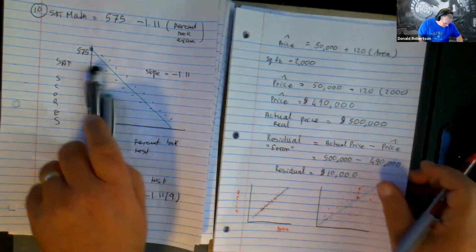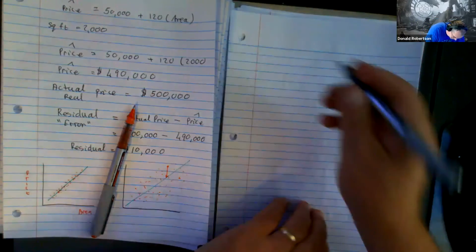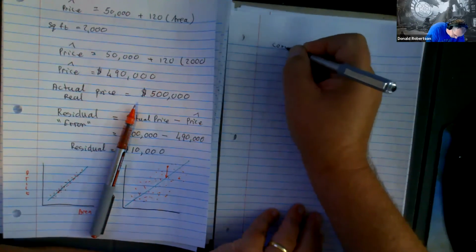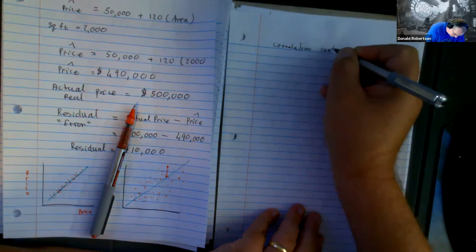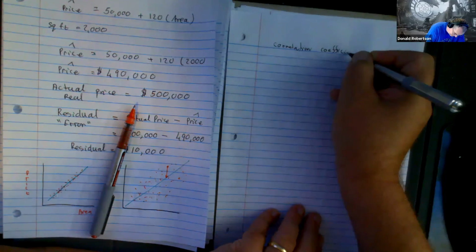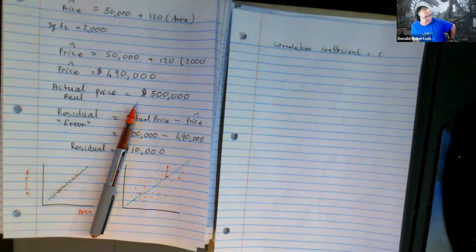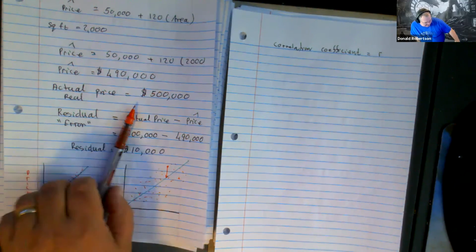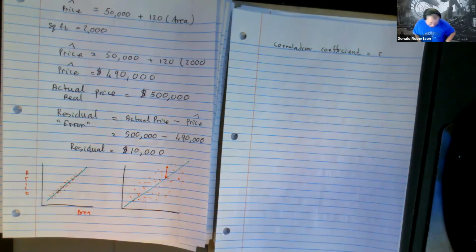We have a new guy in town, and he is called the correlation coefficient. And he's always called little r. At least it better be, because that's what I call it. And the correlation coefficient is a number that tells us how good the data is to being a straight line.